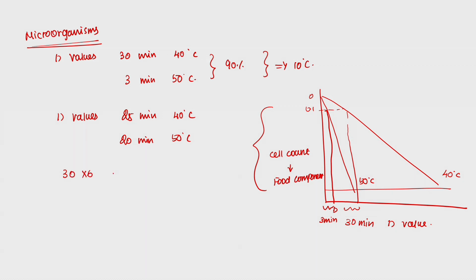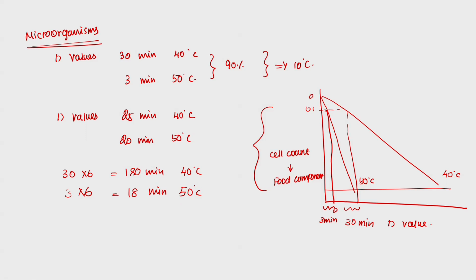If it is 30 minutes, this becomes 180 minutes, and if it is 3 minutes, this becomes 18 minutes. So it requires 180 minutes to process at 40 degree and 18 minutes to process at 50 degree, right.